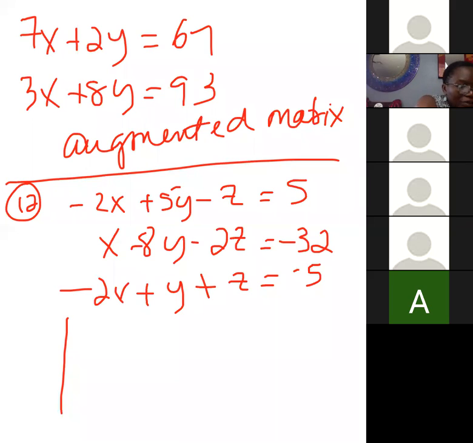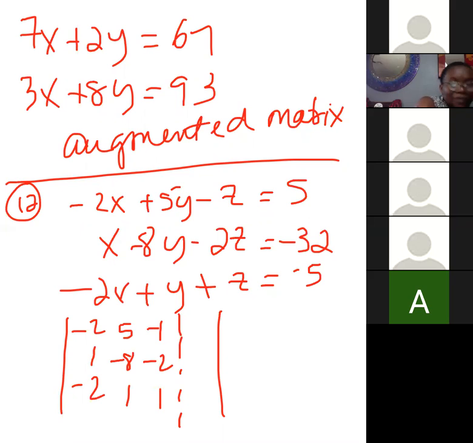So if you are going to do row operations, of course, the first thing you would have to do is write your augmented matrix: coefficients of x, coefficients of y, 5, -8, 1, coefficients of z, -1, -2, +1, and then the constant terms of 5, -32, and -5. And then you go to work if you're going to do row operations.